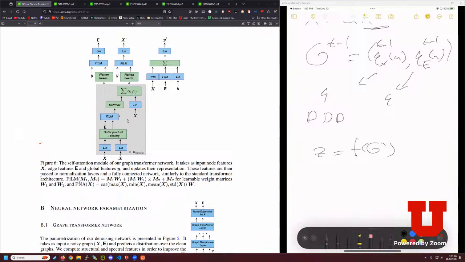Zhitong, when you do the graph attention, how do you conduct the self-attention? I think it's with the nodes that have an edge connected.